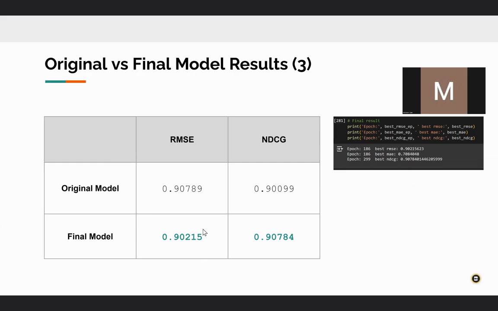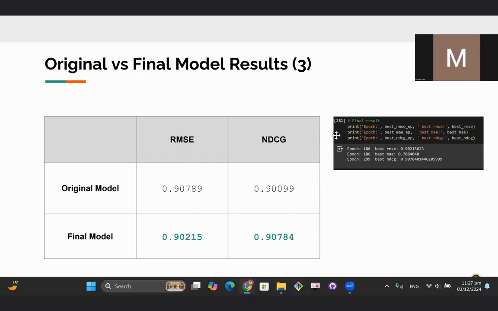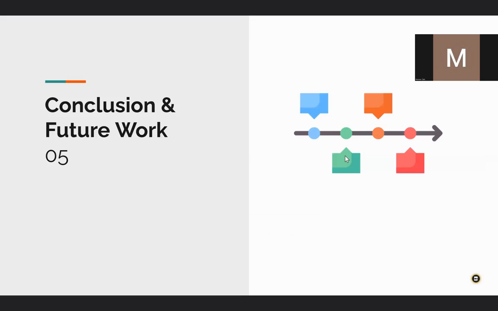However, we are still competing with the state-of-the-art models, which is really outstanding. Also, there is an improvement in the NDCG rate. This is all done on the 100K dataset. And here's a snippet from the code itself.